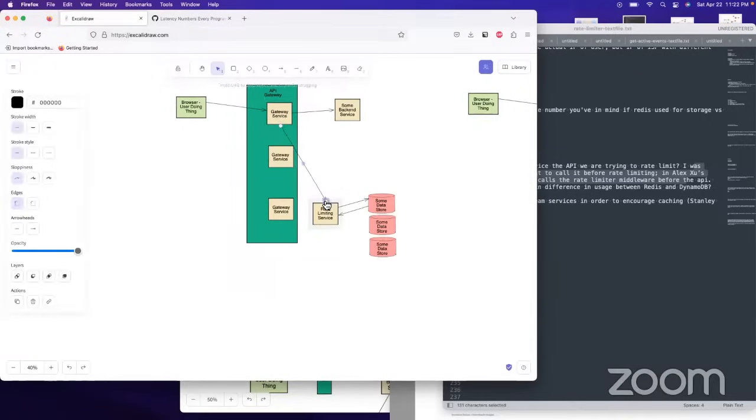The request comes in, you hit your data store, and then it comes back. Before it even hits your backend service, it could return that rejection straight to the browser without touching your backend service. It's just handled over here in the API gateway.